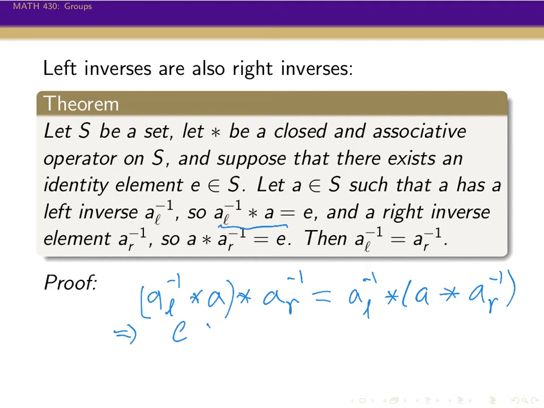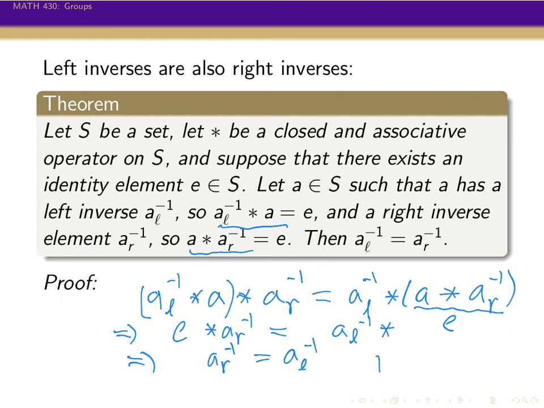So that's E star A sub R minus 1. On the right-hand side, I'm going to use the other property of the right inverse. So that's going to give me E. And so then, since E is the identity, I have A sub R to the minus 1 is equal to A sub L to the minus 1.